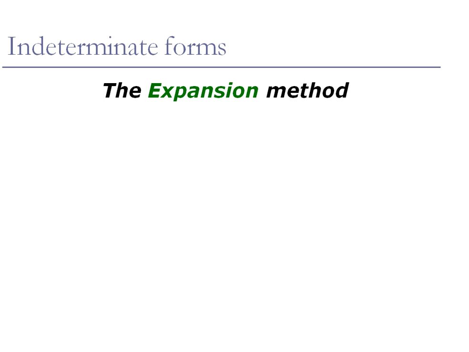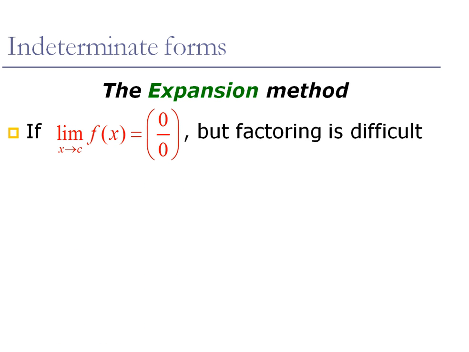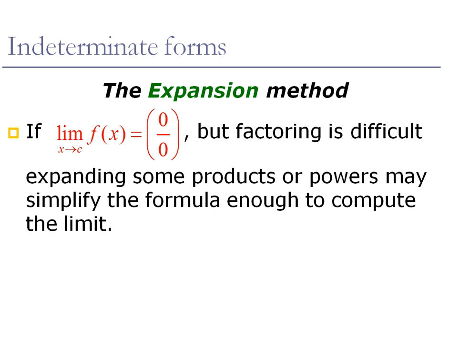Now, there is another method which is related to the factor and cancel, and that means that we're still dealing with a situation of a 0 over 0 and occasionally infinity over infinity, although less commonly. But let's say that factoring is difficult. Remember, in the factor and cancel method, we're supposed to factor so that we can cancel. But sometimes the factoring may be difficult. So we can take this roundabout way.